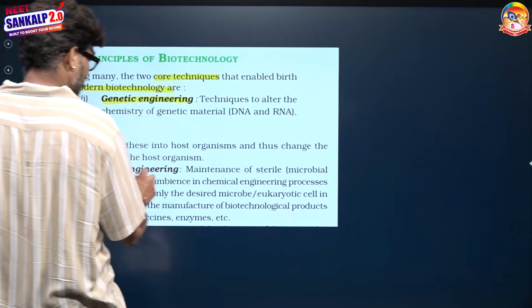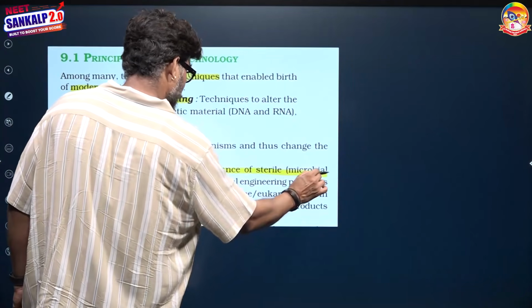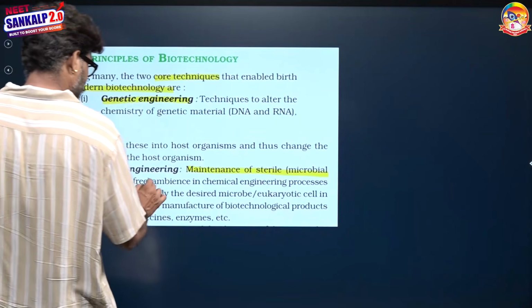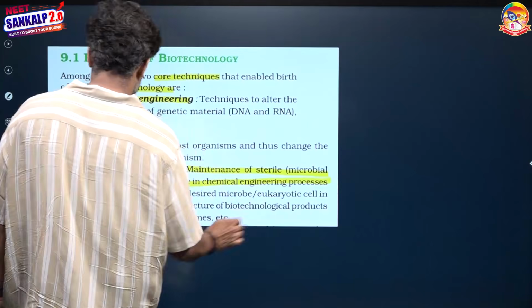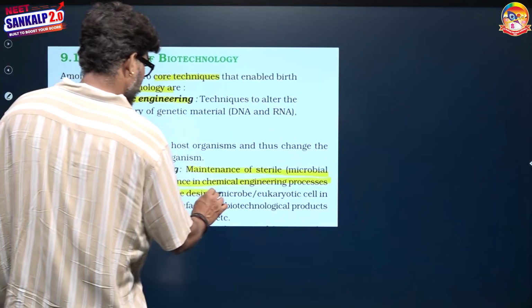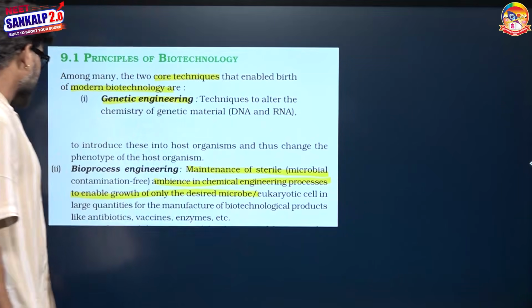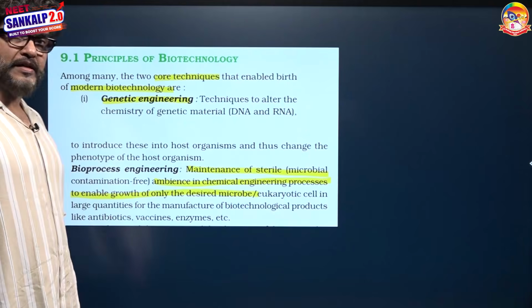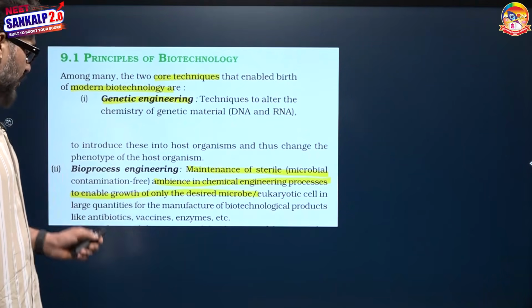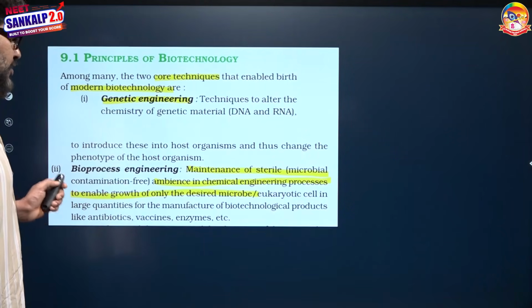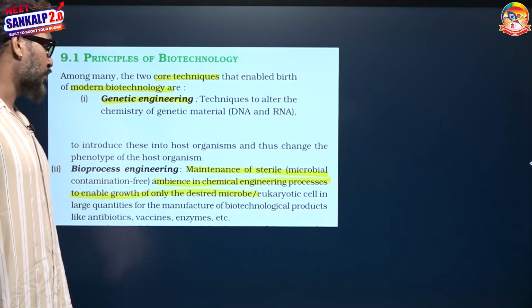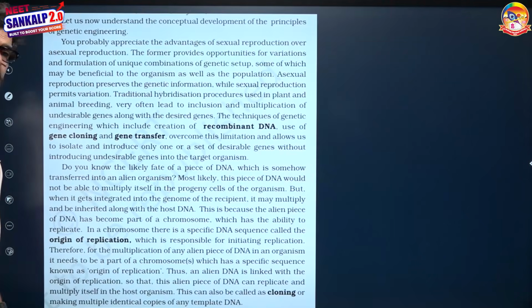Second, bioprocess engineering, means maintenance of sterile, that is, free from contamination, ambience in the chemical engineering processes to enable the growth of only desired microbes and cells in large quantities so that the desired product can be obtained without any kind of contamination. So these are the two core techniques because of which modern biotechnology came into existence.